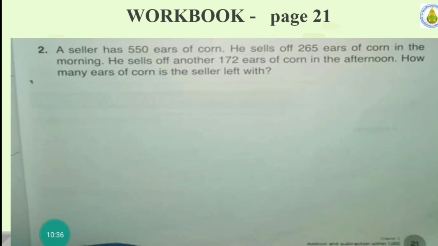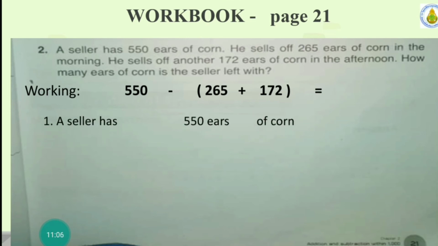How many ears of corn is the seller left with? So again, we're going to write our working solution. So what will be our working? So here, we're going to write 550 minus 265 plus 172. So that will be our working solution.